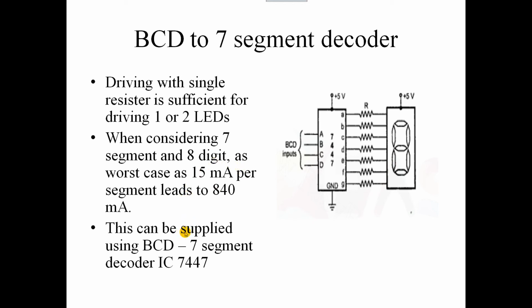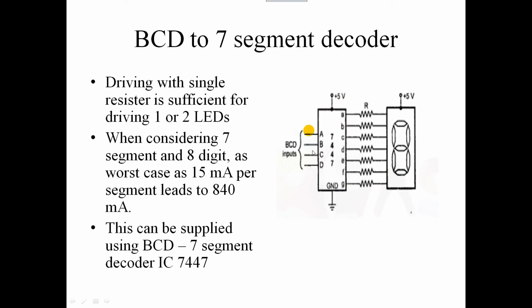That is going to be avoided by using the BCD to 7-segment decoder IC, that is IC 7447. It is an IC which gets 4 inputs and 8 outputs, as we have seen in this diagram, and we will be supplying it with VCC and the ground.